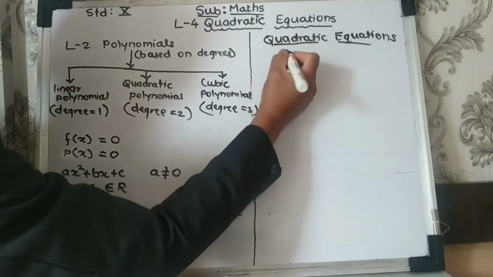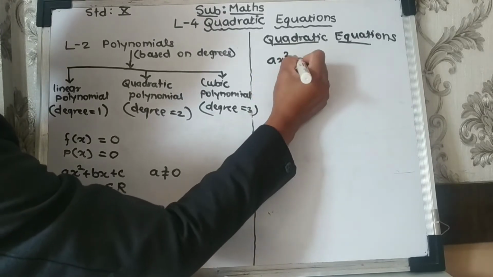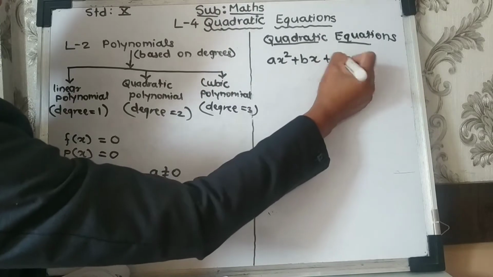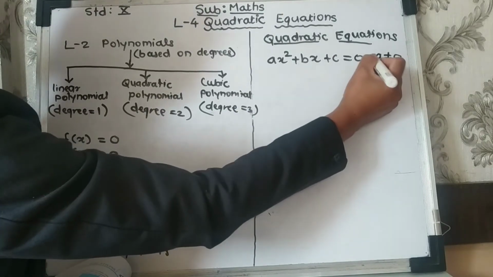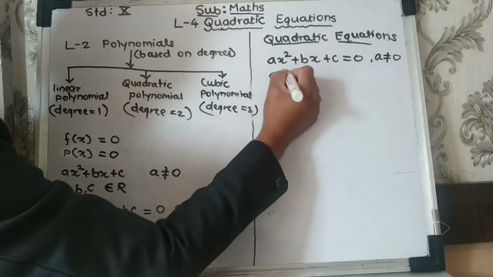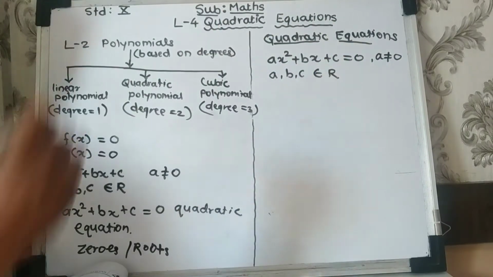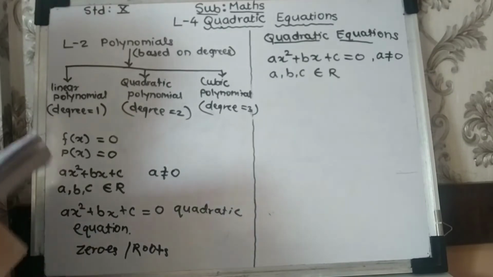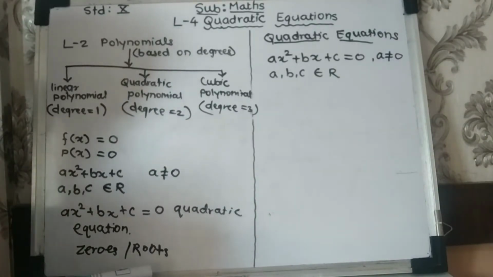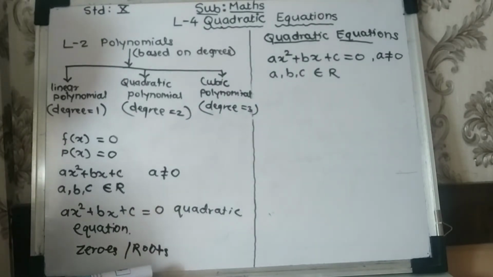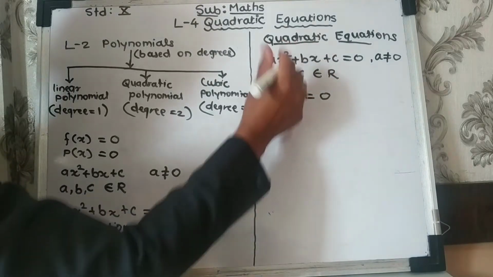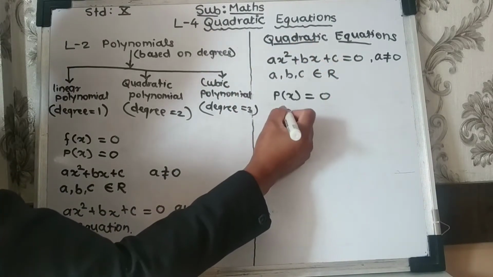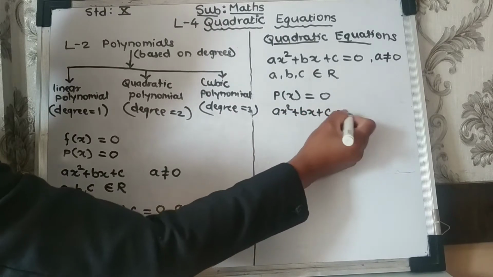Right now we have seen that the general form of a quadratic equation is ax square plus bx plus c equals to 0, and a should not be equal to 0, where a, b, c belong to real numbers, right? Now this quadratic equation is in the standard form. When I say p of x is a polynomial equal to 0, then ax square plus bx plus c equals to 0.